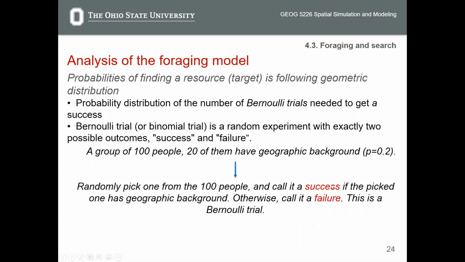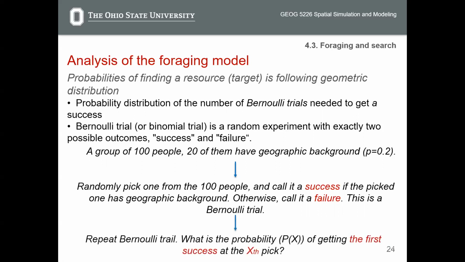Otherwise, if the picked one has no geographic background, we call it a failure. So you pick one of them and see if it is a success or a failure. When you find out whether it is a success or a failure, you have just finished a Bernoulli trial.